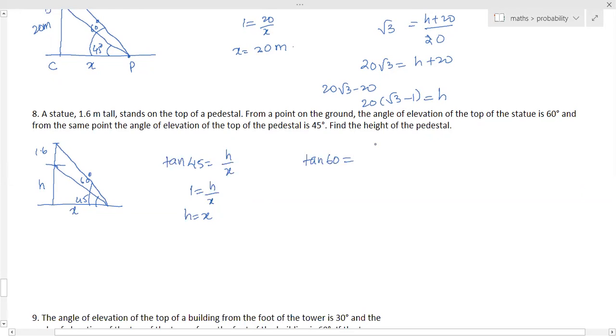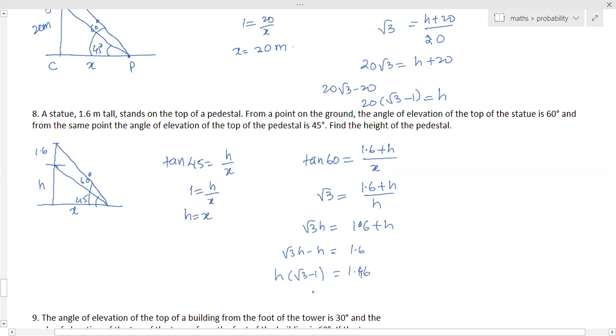Tan 60 is the full triangle. It is 1.6 plus h by x. Tan 60 is root 3 is equal to 1.6 plus h by h because h and x are equal. Root 3h is equal to 1.6 plus h. So root 3h minus h is equal to 1.6. H into bracket root 3 minus 1 is equal to 1.6.